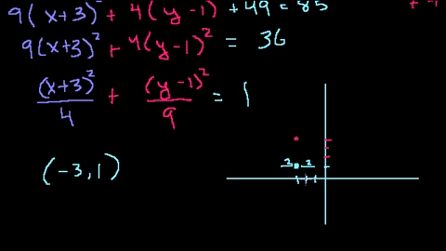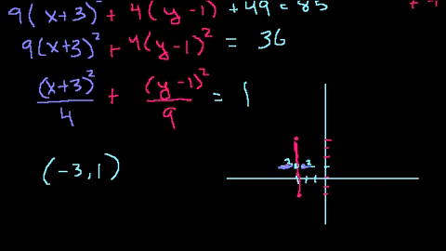So we're going to go up here. We're going to go 1, 2, 3. And we're going to go down here. That's the y. Right? Remember, you have to take the square root of both of those. So the vertical axis is actually the major radius, or the semi-major axis is 3. Because that's the longer one. And then the 2 is the minor radius, because that's the shorter one.